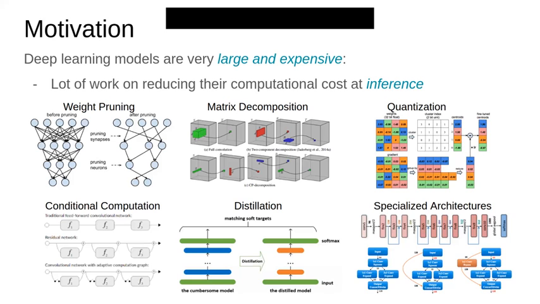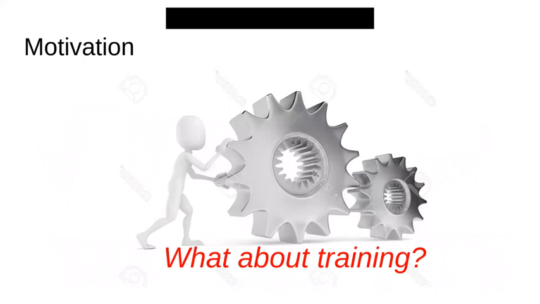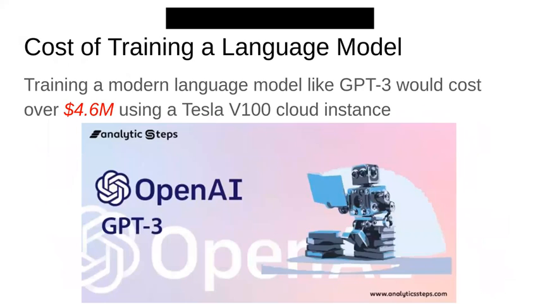But the point is, can we reduce the computational cost during training? And why is this important? It's important because, as I said, deep learning models are getting more and more expensive to train.